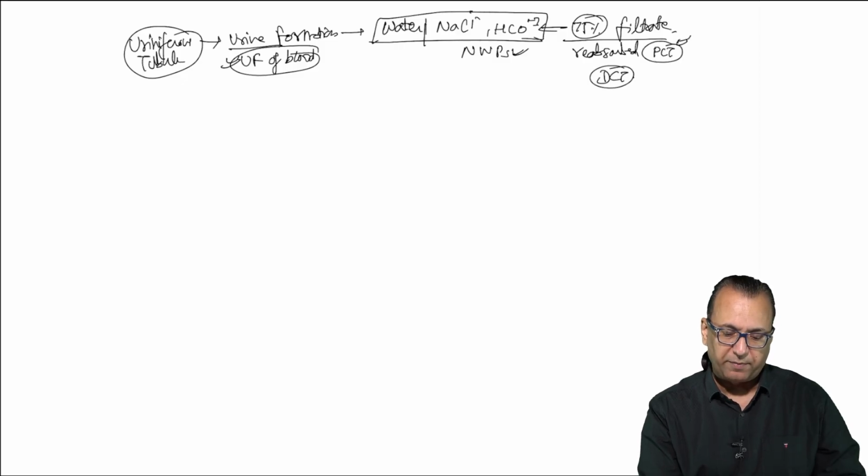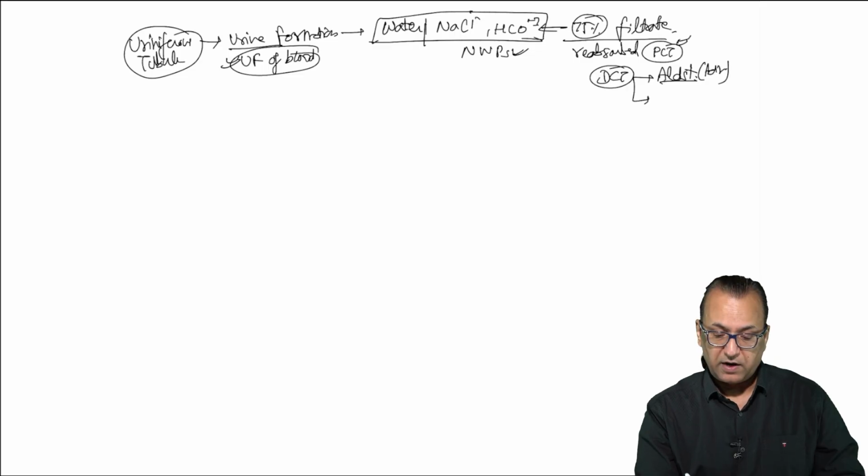The DCT is dependent upon two hormones, aldosterone, which is secreted by the adrenal cortex, zona glomerulosa, and ADH, which is secreted by the posterior pituitary. Basically it is given by the posterior pituitary but secreted by the hypothalamic nuclei, basically the supraoptic nucleus and paraventricular nucleus. So that is about ADH.